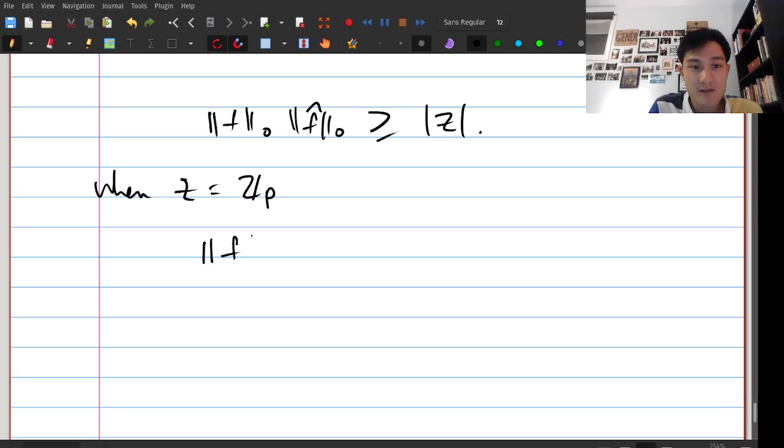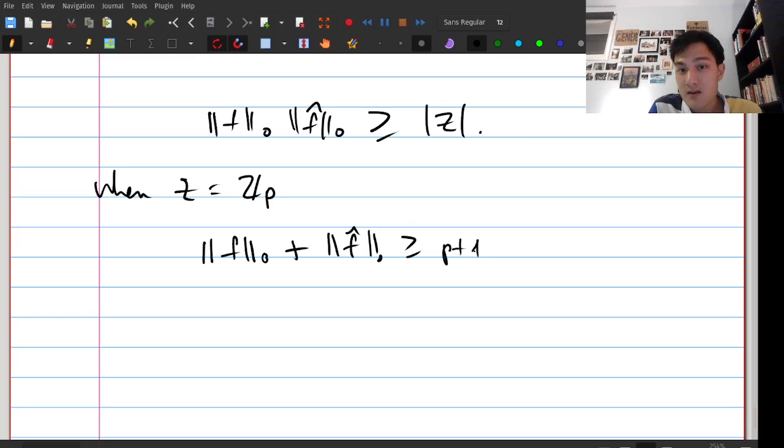We can show that the size of the support of F plus the size of the support of F hat is greater than or equal to P plus 1, which is the size of Z plus 1.